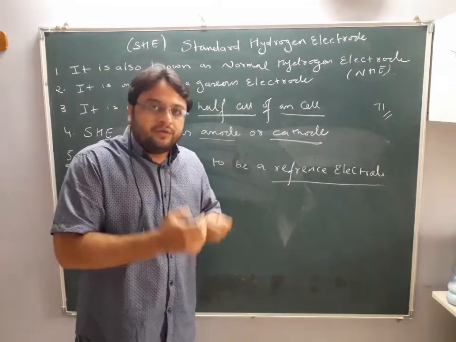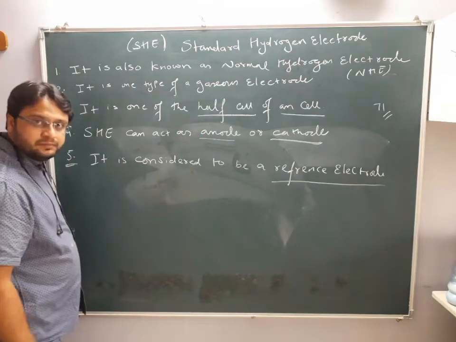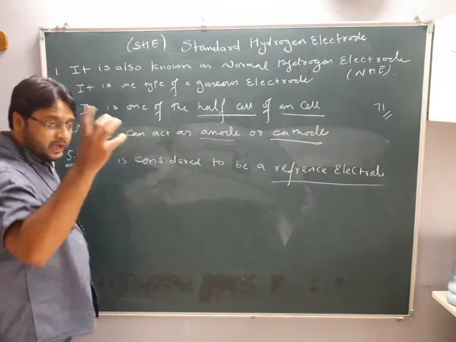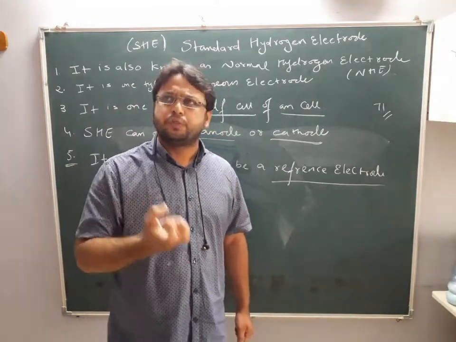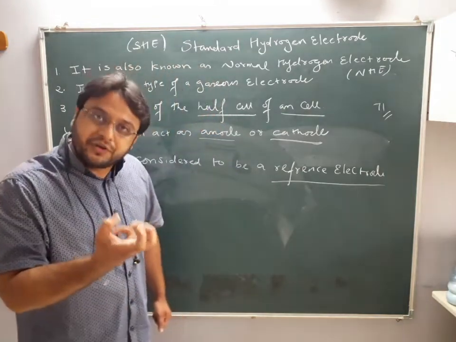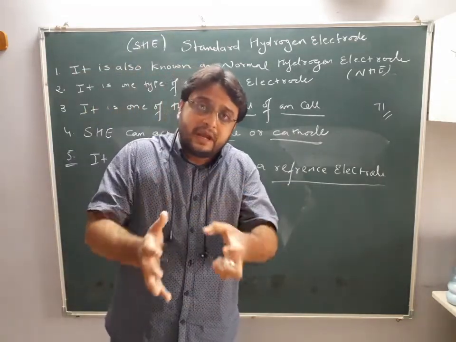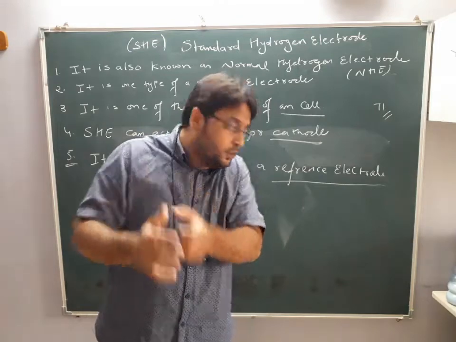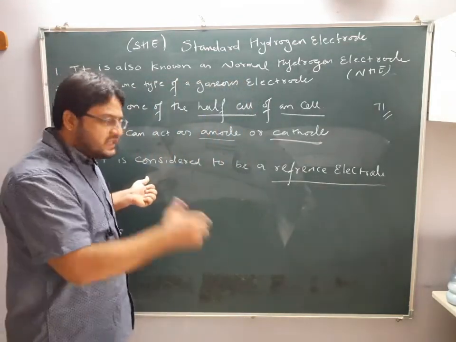We got that value in comparison with the standard hydrogen electrode. Zinc value is minus 0.76, copper is 0.34. So that value is obtained by comparing with the standard hydrogen electrode. How it is compared, we will see in this class only.